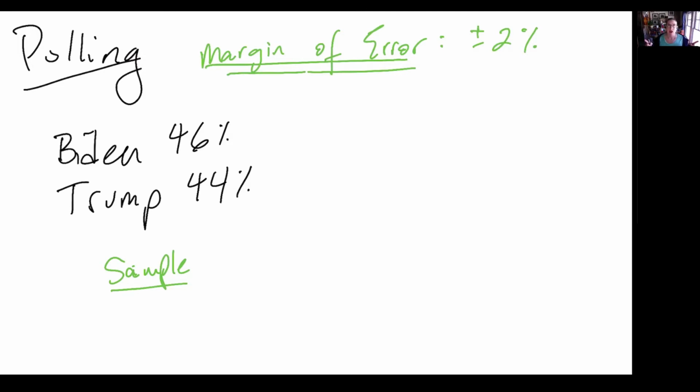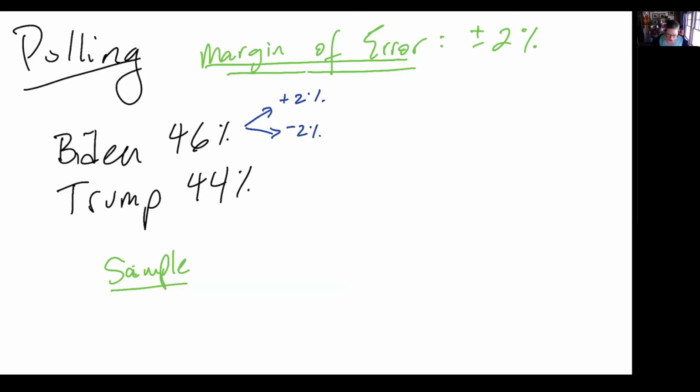I want to know approximately how many people in the country would be voting for Biden. Using this margin of error, I could add 2% or subtract 2%, because every poll needs to be adjusted if we're going to extrapolate to the population.